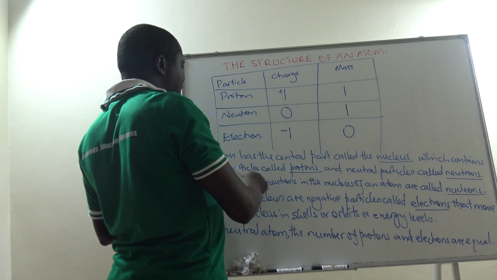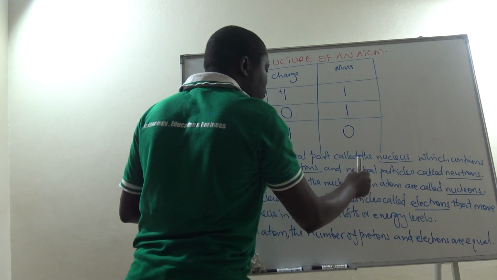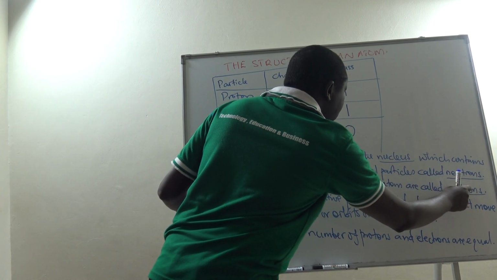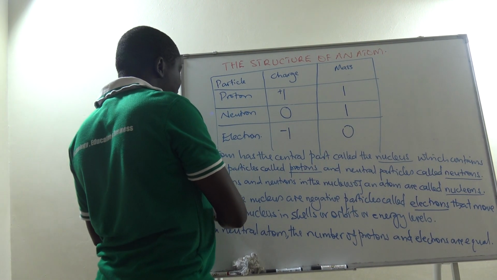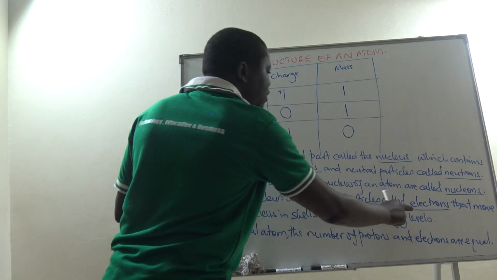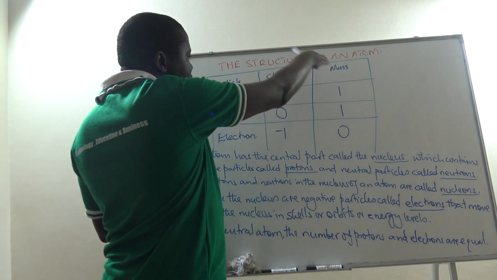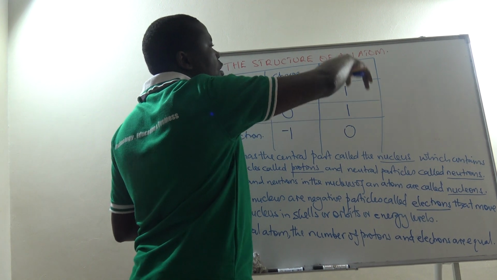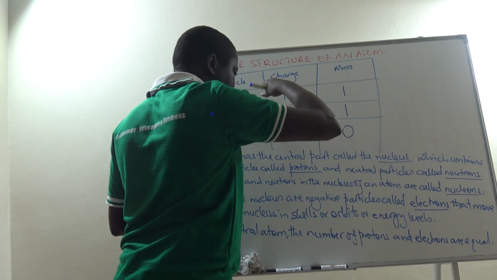The protons and neutrons, which are found in the nucleus together, are called nucleons. And then outside the nucleus, we have negative particles called electrons, and they move around the nucleus in different shells or orbits or energy levels.